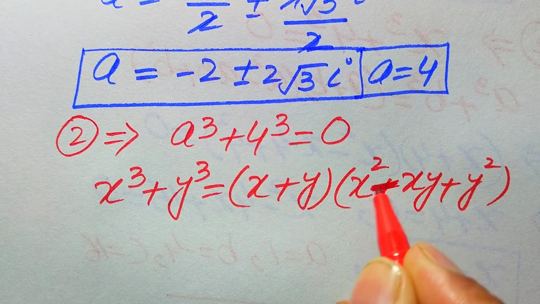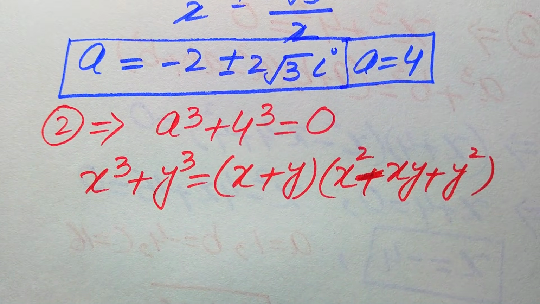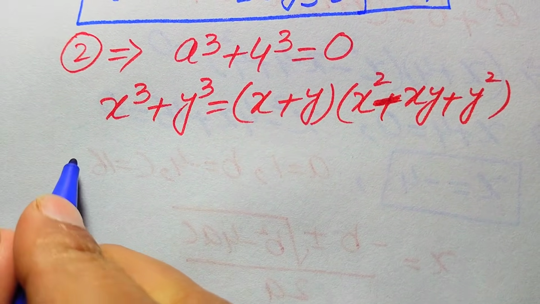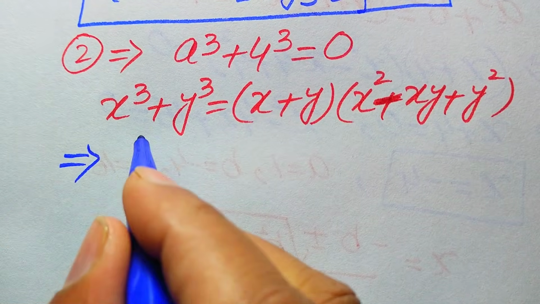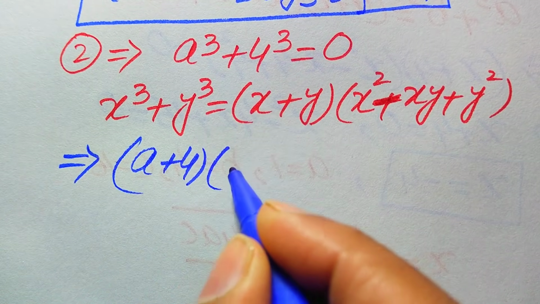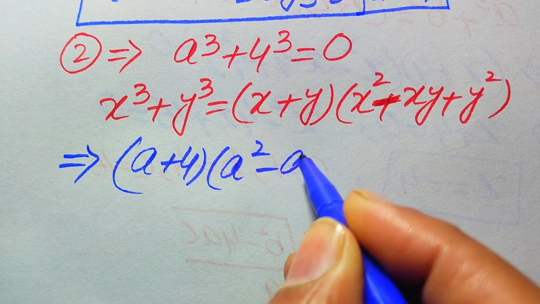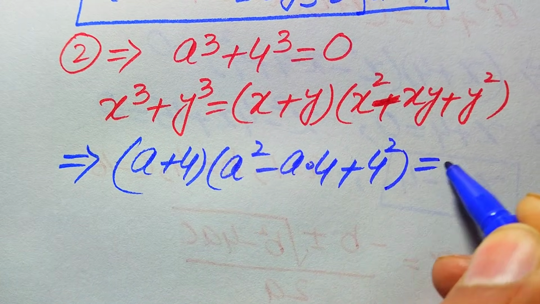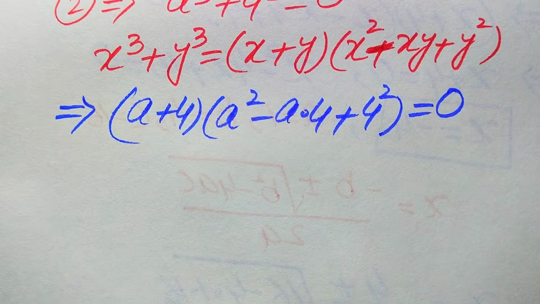Sorry, this is minus xy in the sum formula. So when we apply this cubic formula on the above equation, it is written as a plus 4 times a square minus a times 4 plus 4 square, and this whole equation is equal to 0.